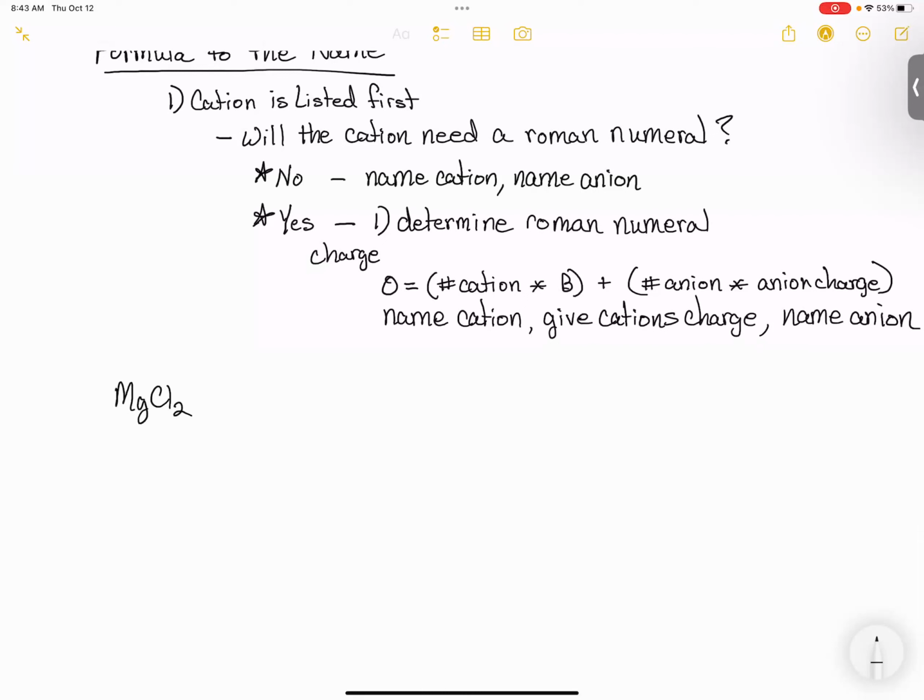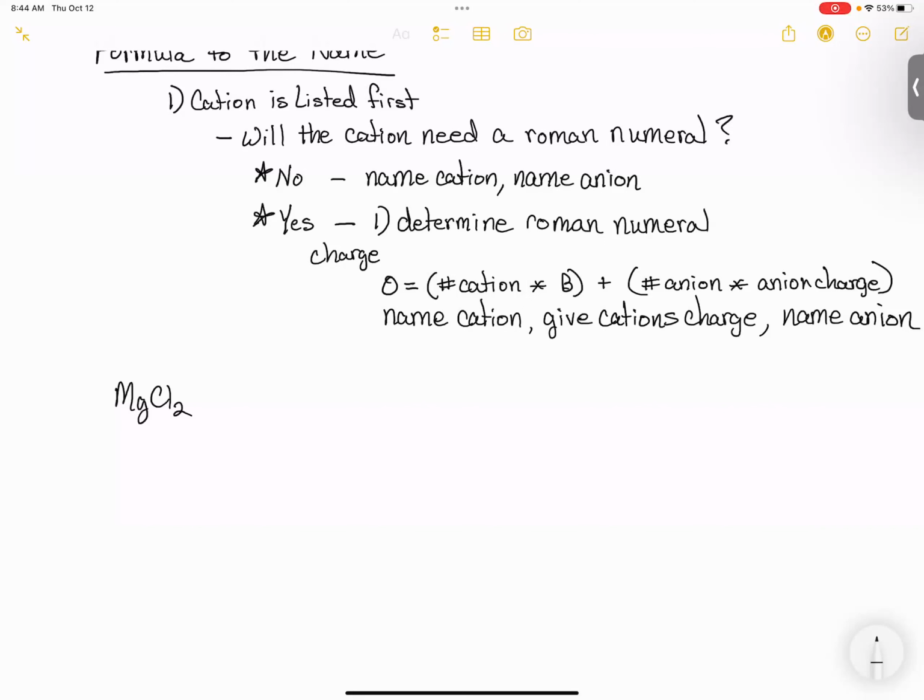Because of what? It has a charge, but it's constantly the same. What is its charge always? It's always a 2+. So it always has the same charge.